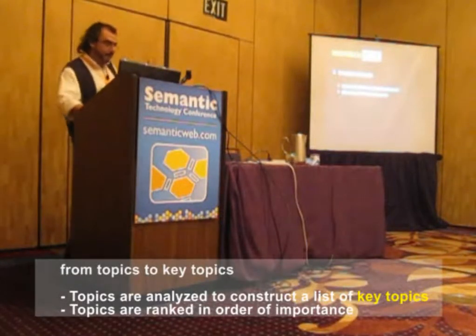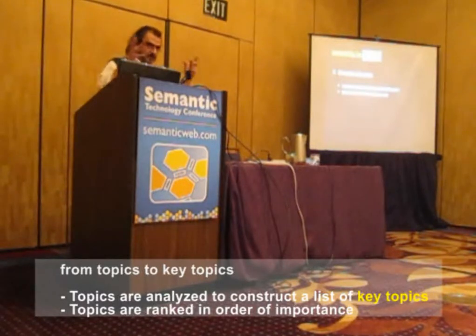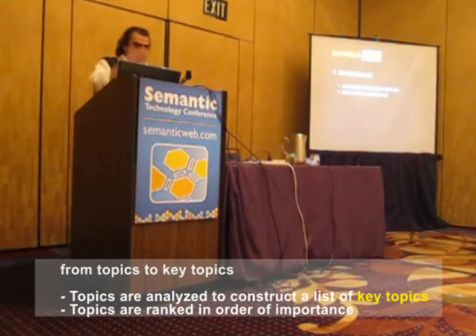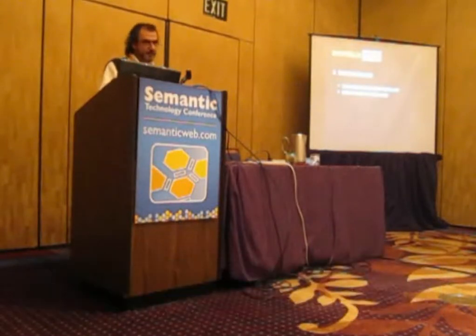Okay, so we have topics now, and we can match topics conceptually. And then we have to analyze them to discover the key topics in the document. And now we know what the document is about. And topics now can be ranked in order of importance, so I know that this document is mostly about this, then it's somewhat about this, and it's also about this.